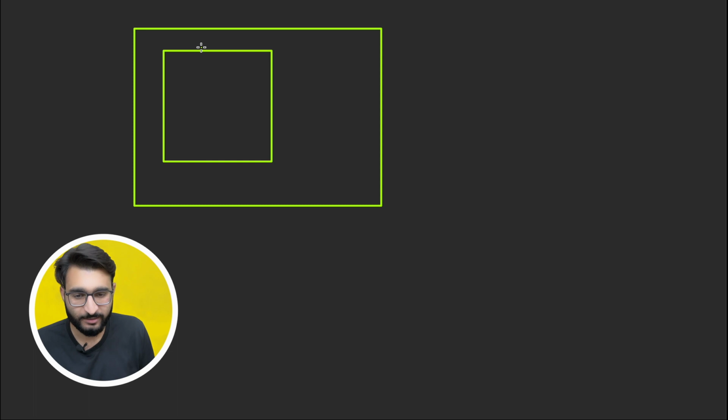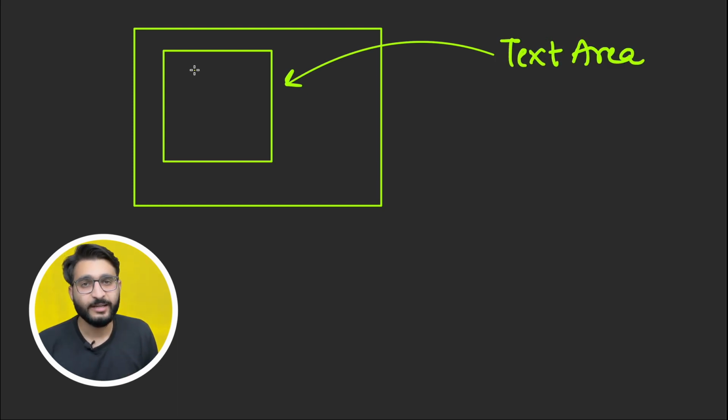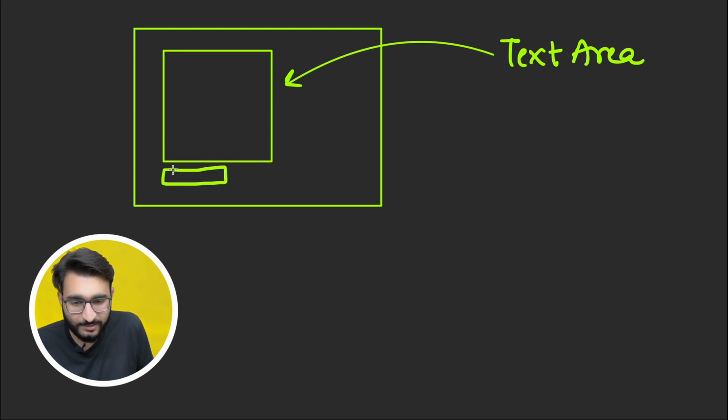Let's say this is your computer, this is your laptop, or this can be your mobile phone as well. When you are trying to create a post, you get this kind of text area, where you can write something. Now you will see there will be some options right there to attach some photos, to attach some video, and then finally there will be a button to post.